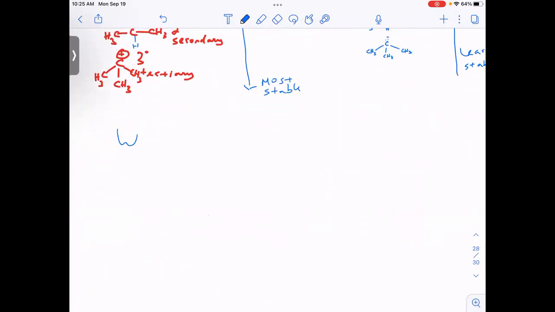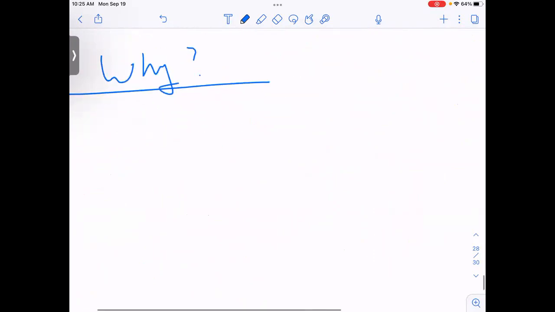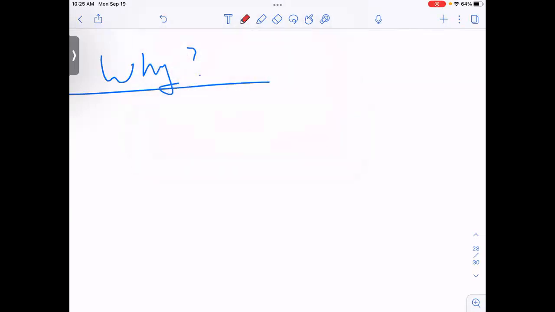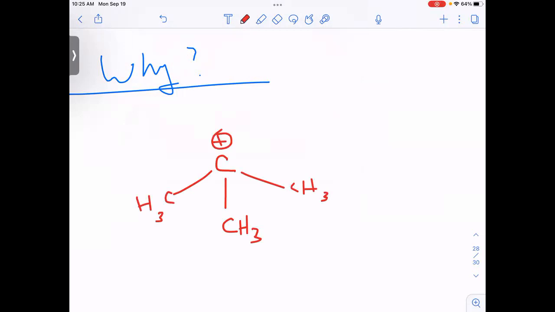So let's take the tertiary carbocation. So it is CH3, CH3, CH3, and that's positive. Anytime you see a carbon with a positive charge, that means it has an empty orbital somewhere, right?